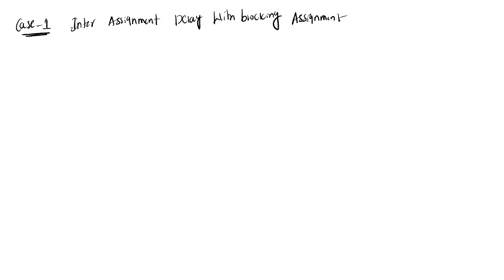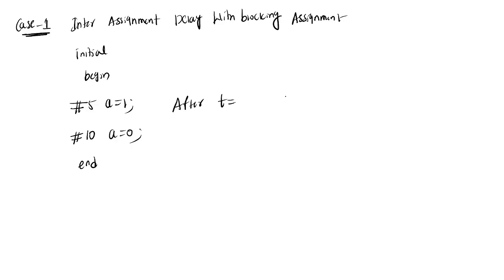Suppose initial begin #5 a equal to 1 and #10 a equal to 0, end. After how many time units does a become 0?